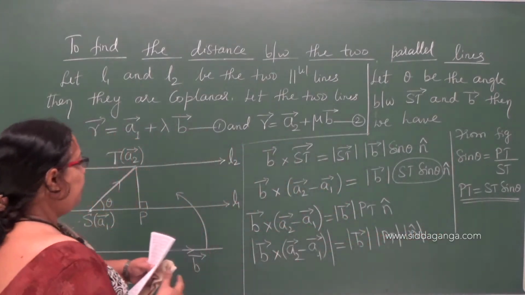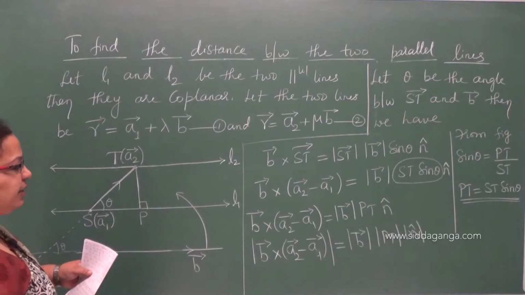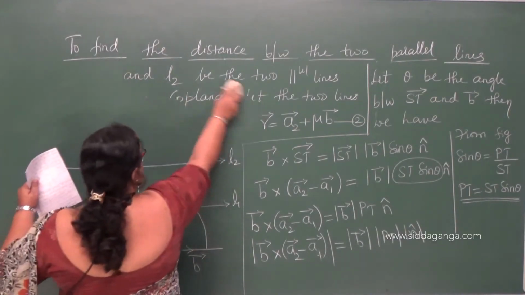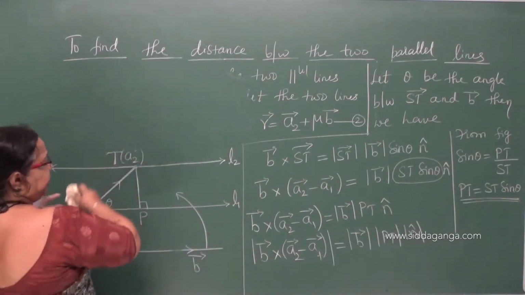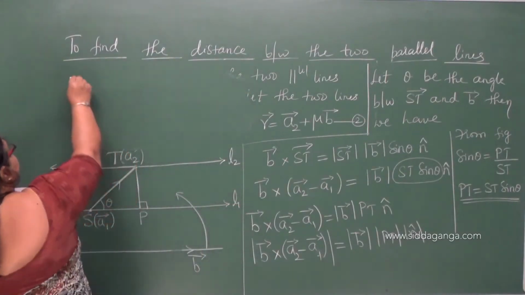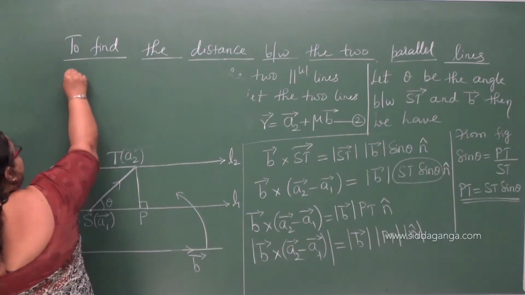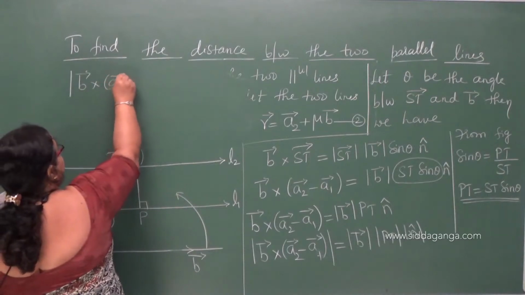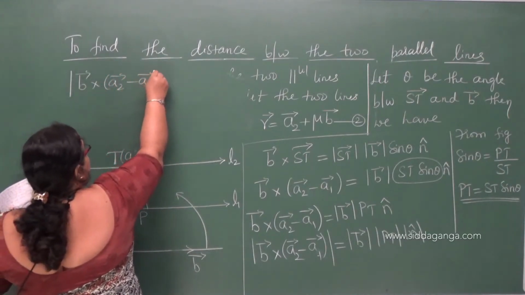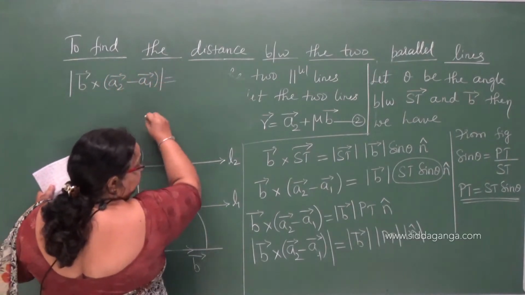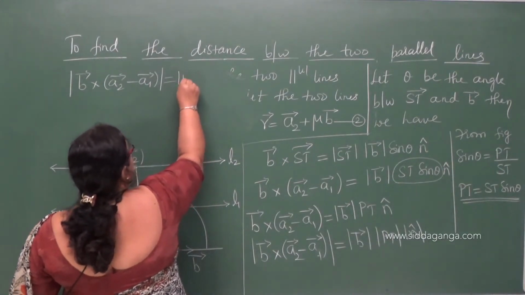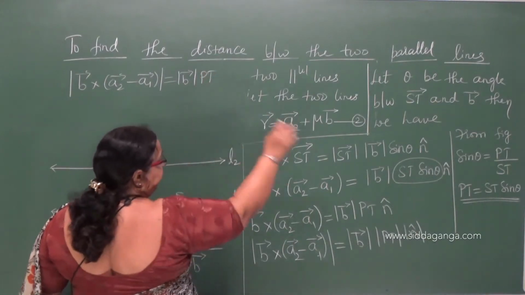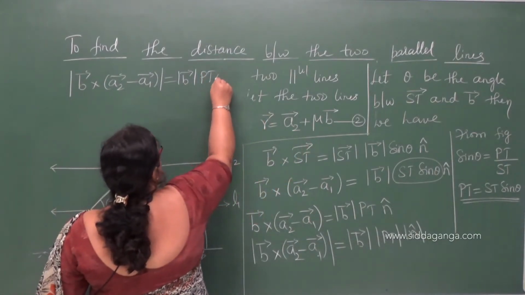We know that n cap is the unit vector, therefore its magnitude is 1. Therefore magnitude of b cross of a2 minus a1 vector is equal to magnitude of vector b into PT into magnitude of n cap, which is 1.